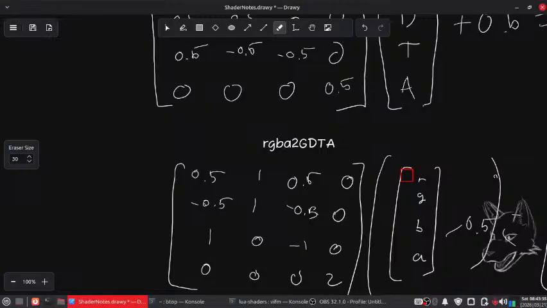Because pure green is going to be 1/3 brightness, 1/3 gradient, all of D, one-third G, D, 0T.